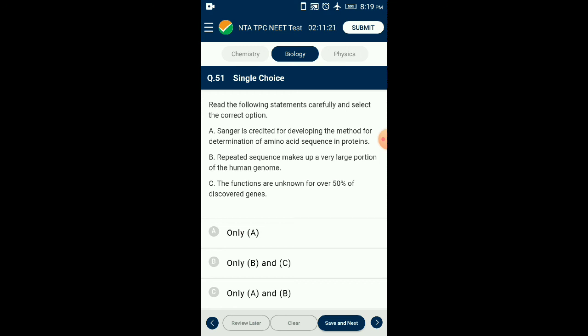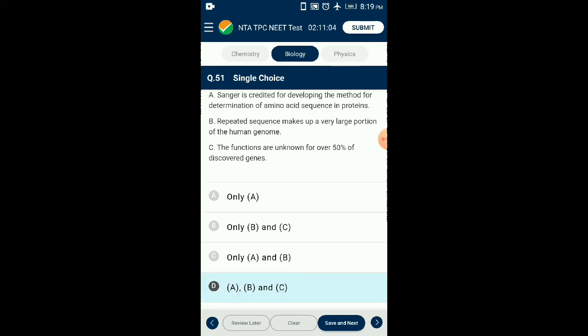This involved treating the protein with FDNB, subjecting it to acid hydrolysis, and then separating the colored compounds with chromatography. So the answer for this question is option D.